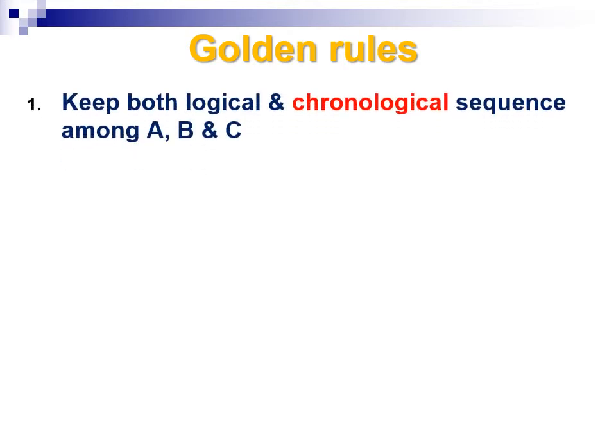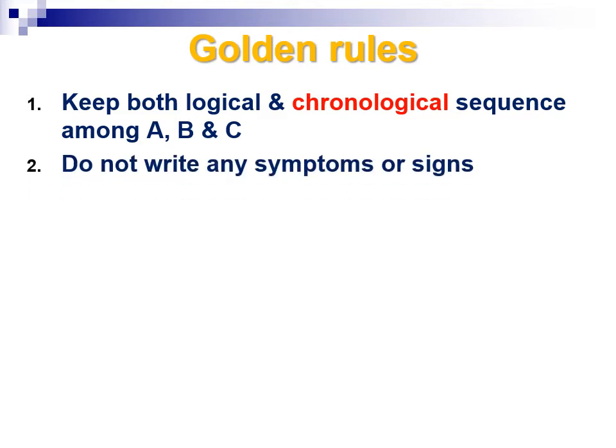We have golden rules that help you in solving the death certificate problem. First, arrange in chronological manner. A would be the last event and the immediate cause of death. B causing A and C causing B. Don't write any signs or symptoms.